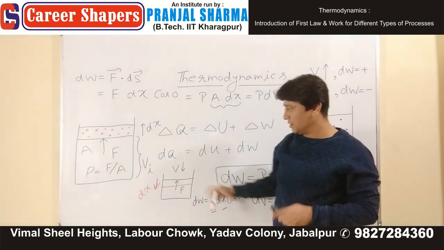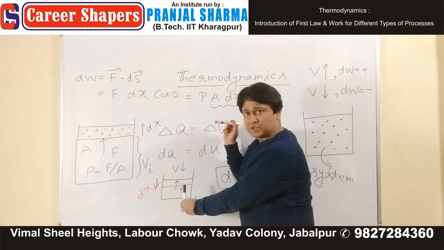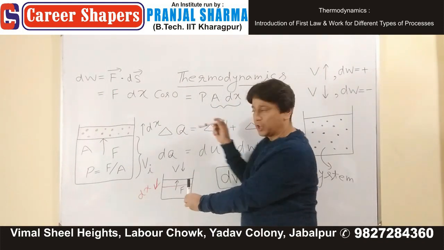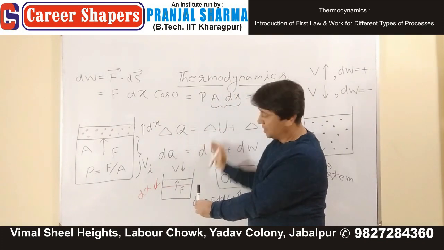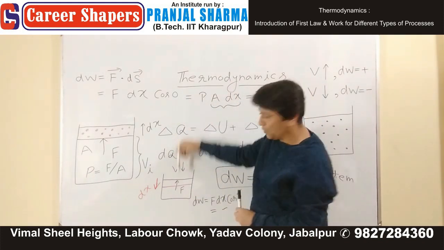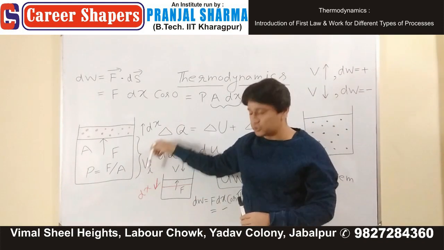What happens here? This is the force coming from the system. In chemistry they use work done by the external, outer system. Force is down, piston is also coming down.